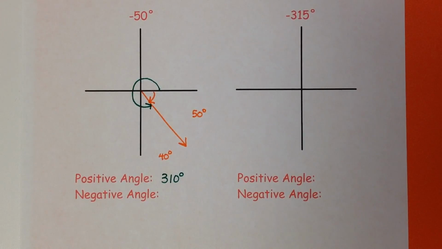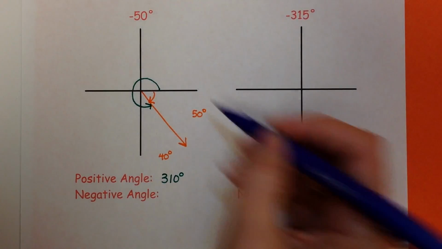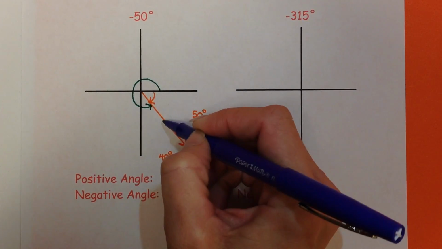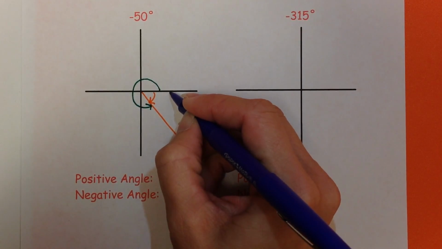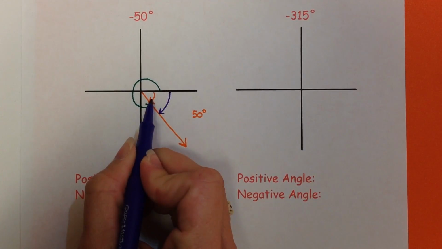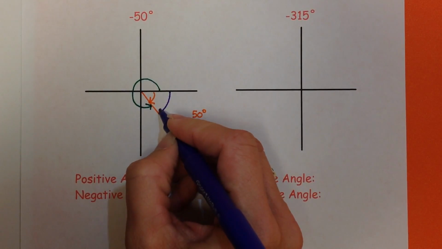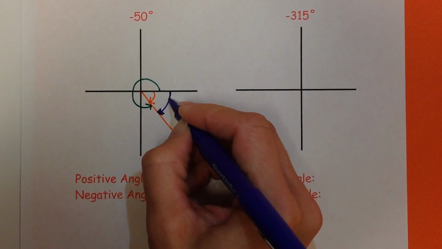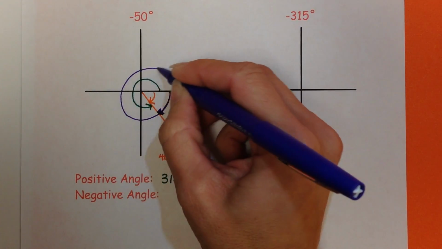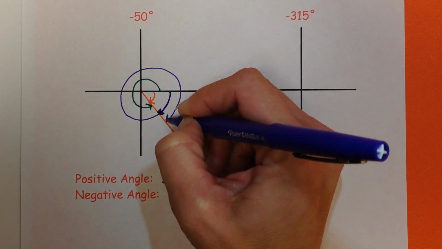Now, to get your negative coterminal, this is going to be the one that I'm going to have to go past and come back around. Because if I stop as soon as I get to it, that's exactly the same as this one right here. That's just the negative 50 again. I didn't mean to put the arrow on that, sorry. So we've got to go past it and come back around and stop.